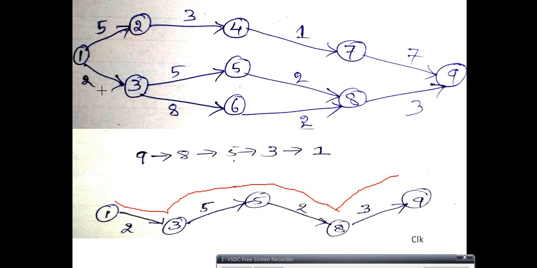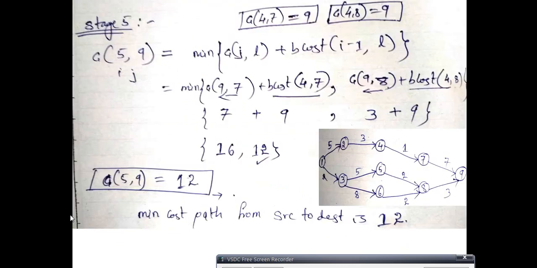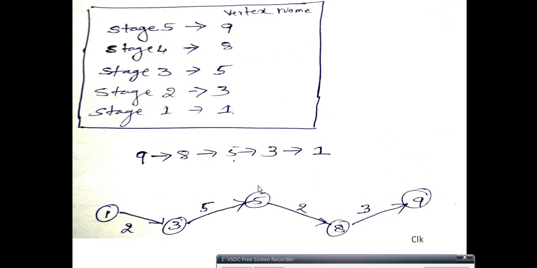We have calculated the shortest path: 1 to 3, 3 to 5, 5 to 8, 8 to 9. So 2 plus 5 is 7, 7 plus 2 is 9, 9 plus 3 is 12. So what is the answer? 12. Okay. Answer is 12. This is our minimum path.